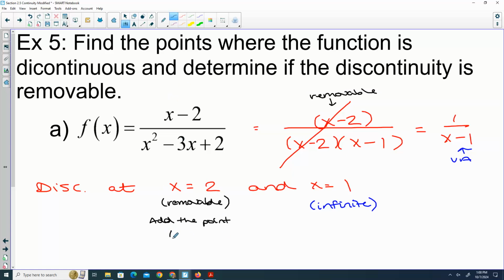So the x would be 2. If you wanted the y value, you plug 2 into your final equation. So if you put a 2 in here, what would you get? 1. So your original graph will have an open circle at the point 2, 1. So if you wanted to fix that, you would have to close in that circle at 2, 1.